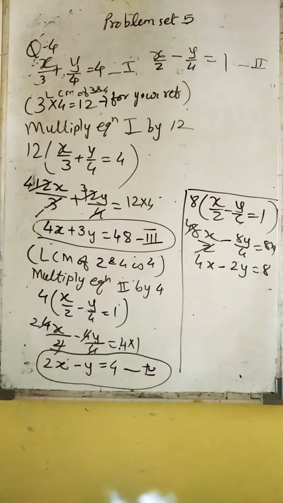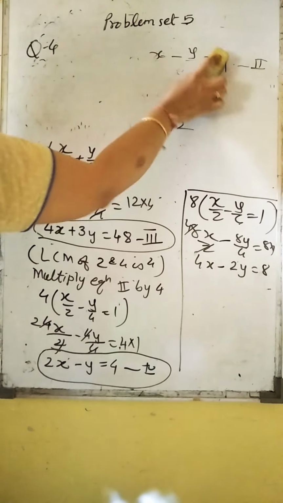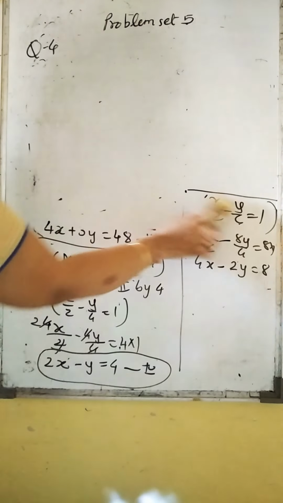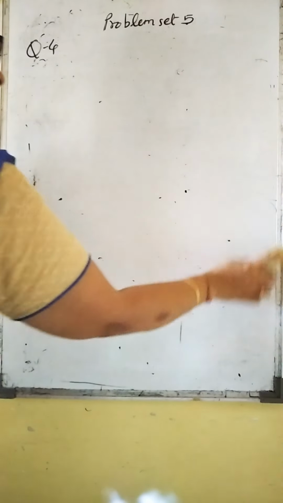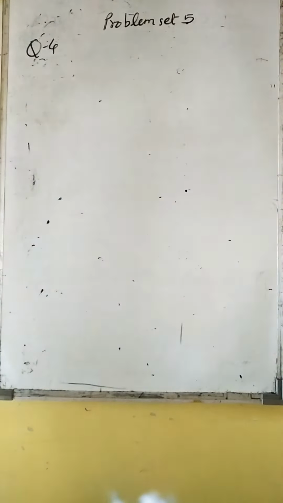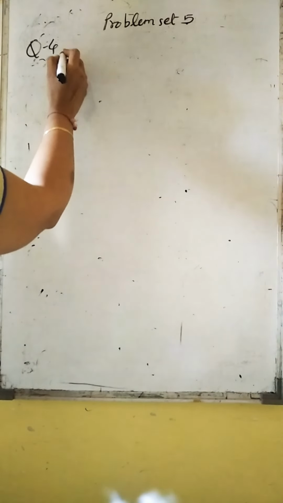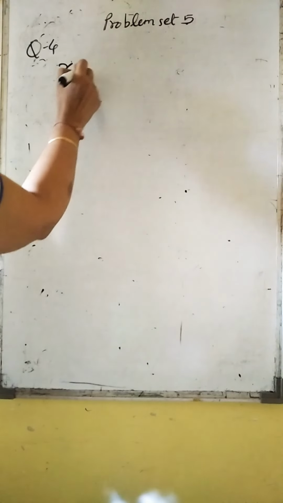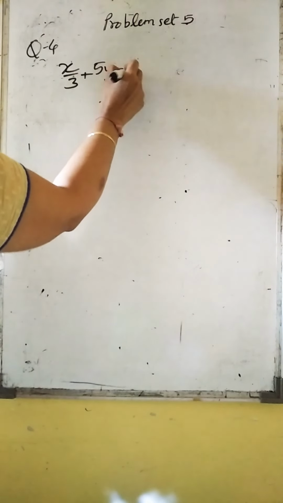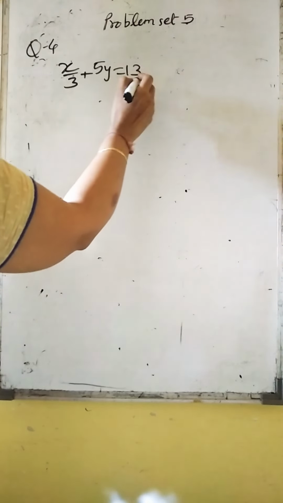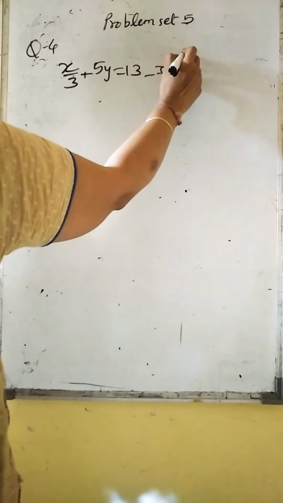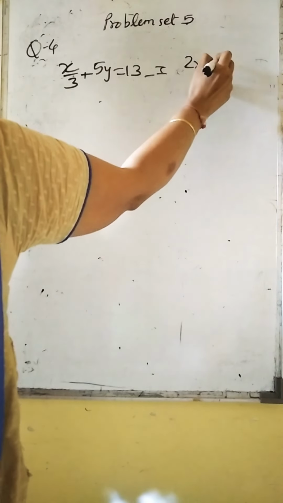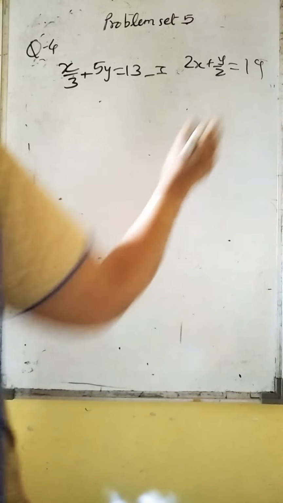Now let us come to the second question. The second question is easier than this. Second question I have x upon 3 plus 5y is equal to 13 and you have 2x plus y upon 2 equal to 19.